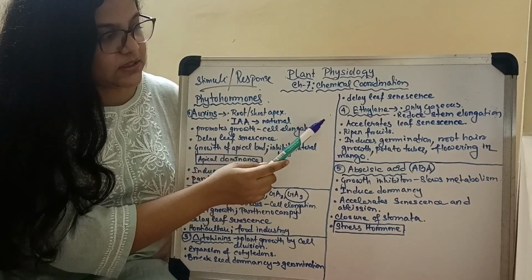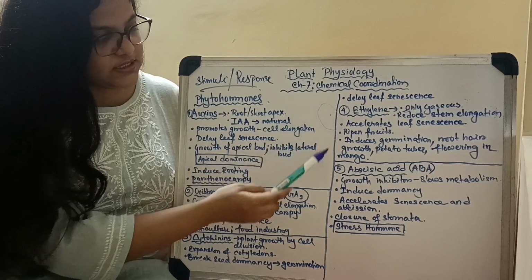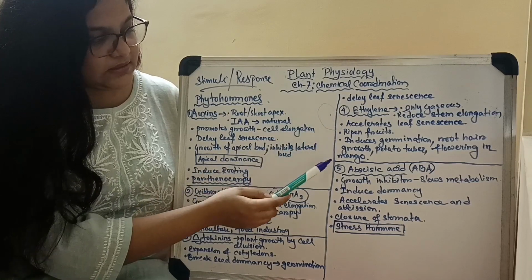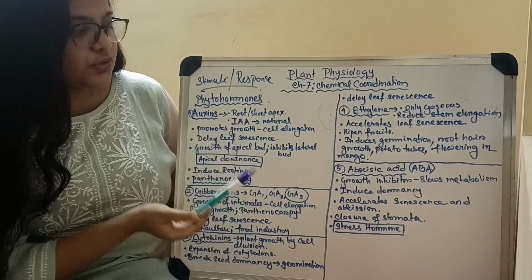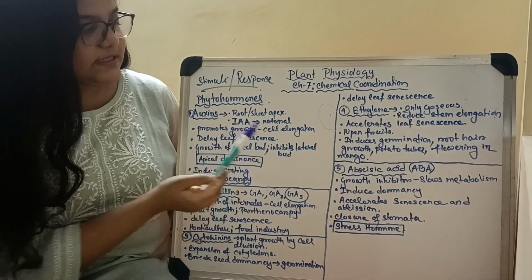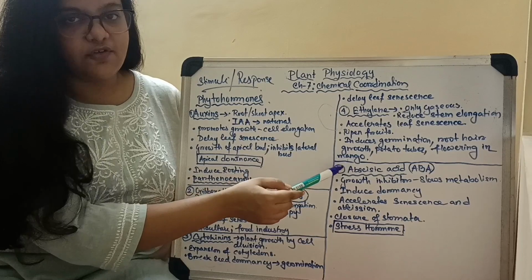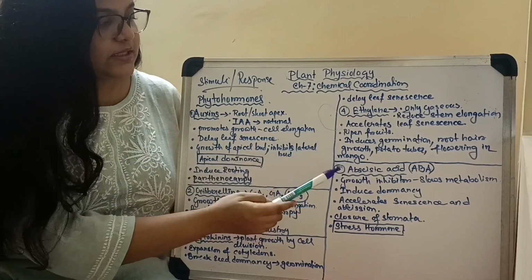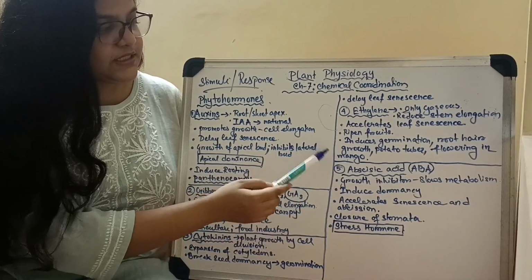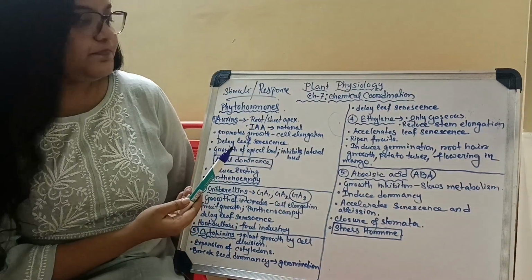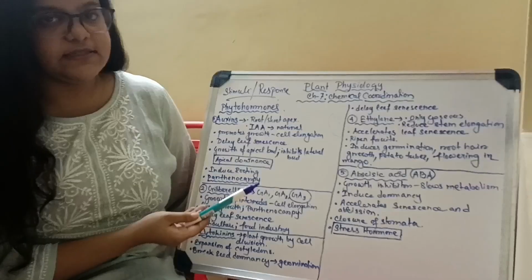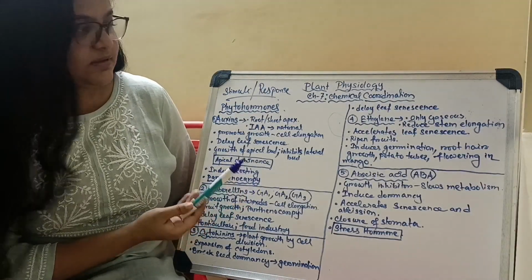So ethylene, because of all its features, is widely used for industrial purposes too, for the growth of mango, because it promotes early flowering in mango. Okay. Next, it helps in inducing germination, that is, by breaking the dormancy period, right?